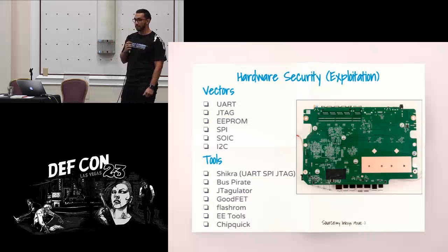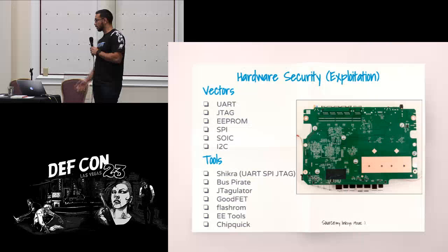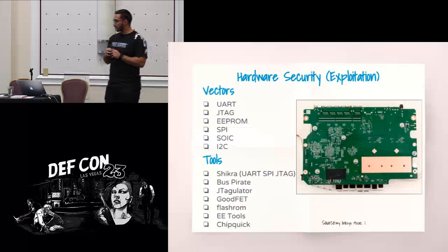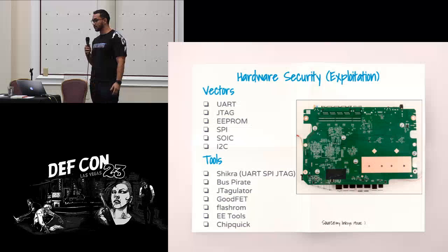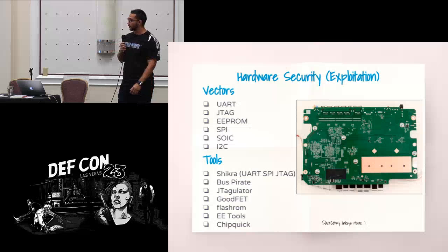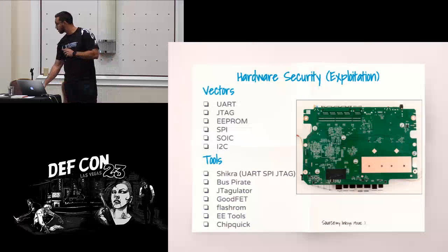You have Zippiter, Shikra, Bus Pirate, JTAGulator, Flashrom, and other general EE tools, as in electronic engineering tools, like spectrum analyzers and things like that, to short out to get a U-Boot shell, for example. And ChipQuik to take these chips apart. And that's right there, that's a Linksys router, by the way.